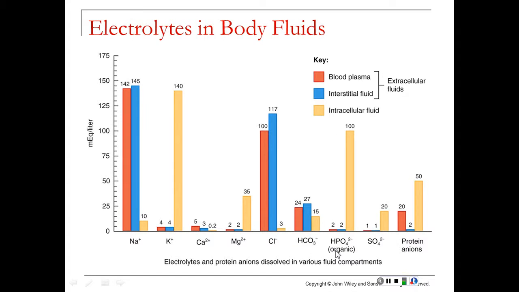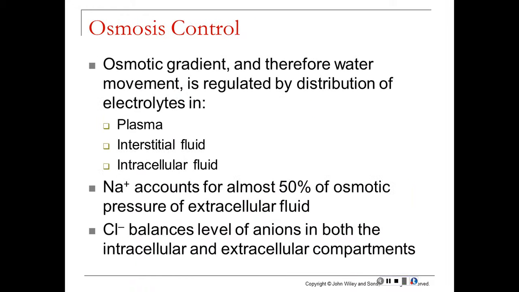Our organic phosphate is mostly inside of our cells. This is with ATP, so our cells need that organic phosphate to be available. You don't have to have these numbers memorized. This is more for reference than for memorization.